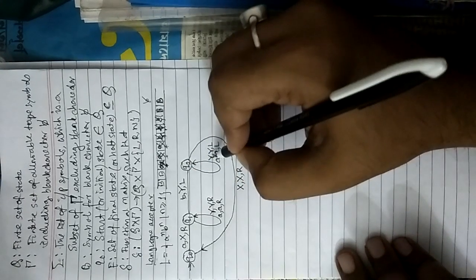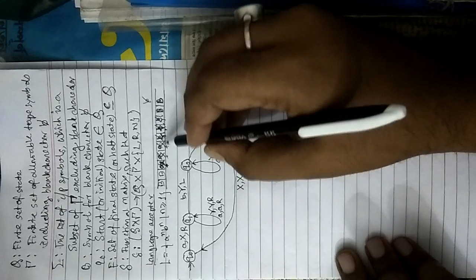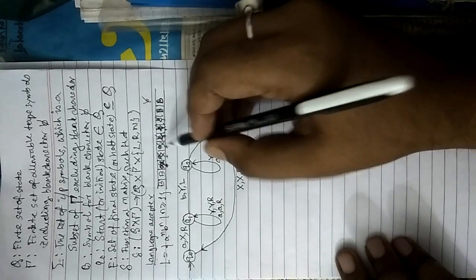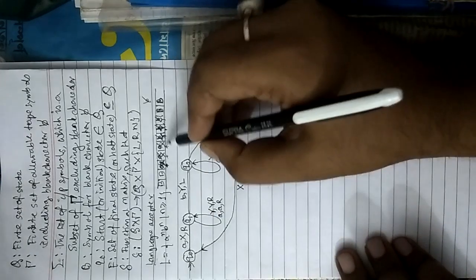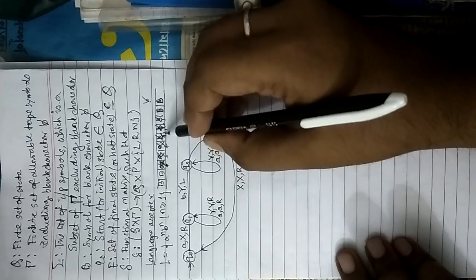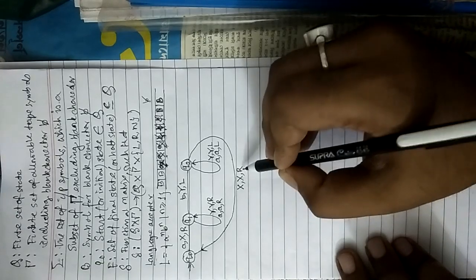It will read Y, replace Y with Y and move left, and after that it will see an X. So it will go over here and again move towards the right. Reading this last X, it will replace X with X and move towards right.